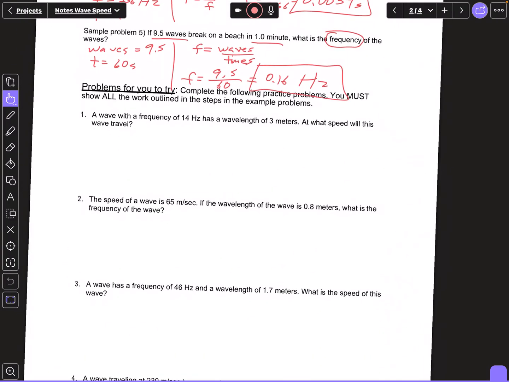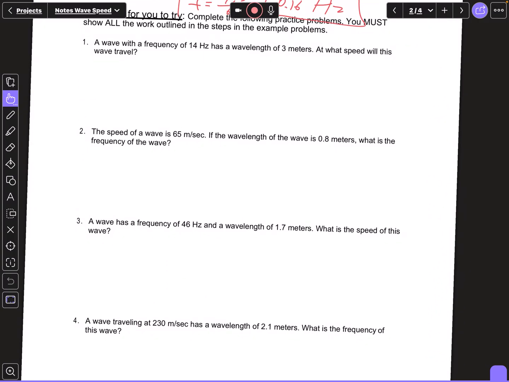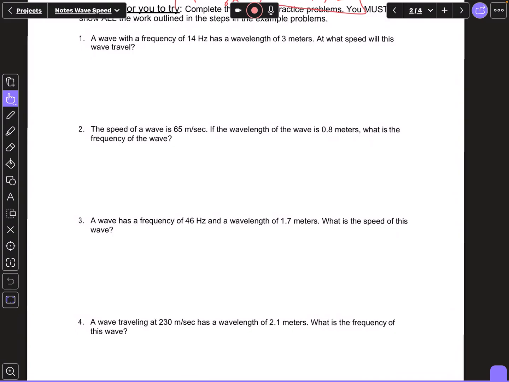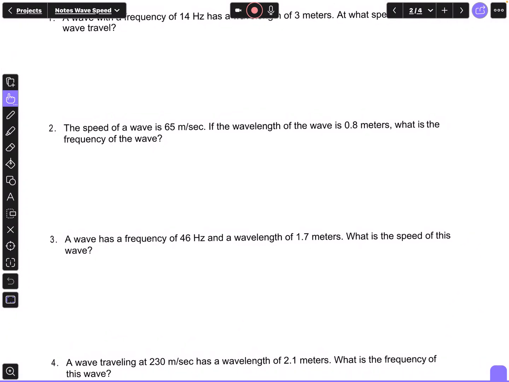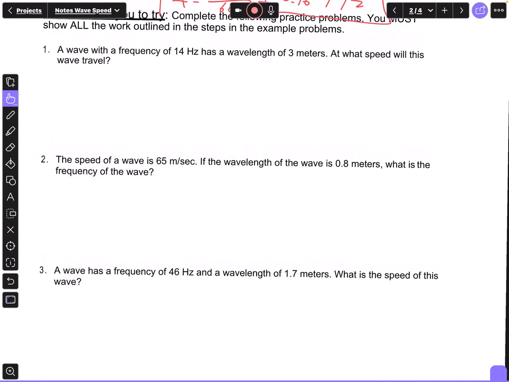So these are practice problems for you to work. Make sure that all your wavelengths are in meters. If they're in centimeters, you want to change them to meters by dividing by 100.